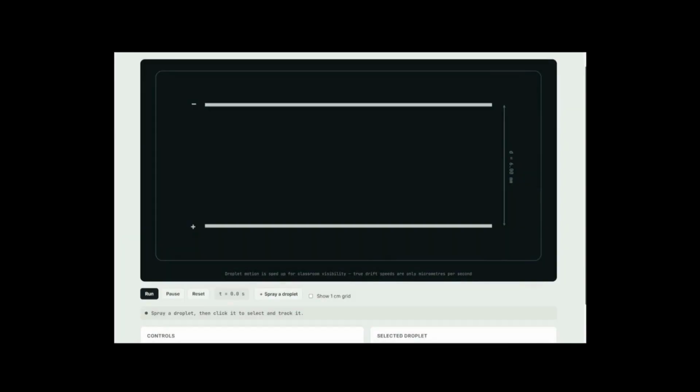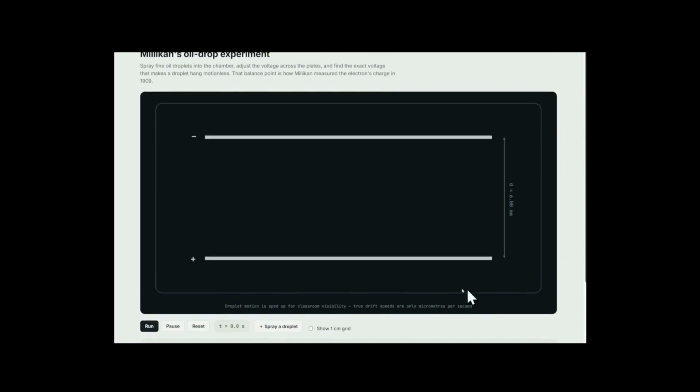The next major experiment is the Millikan experiment. This is an American experiment in 1909. So the setup for this is a vacuum again. Again, this is obviously not to scale. And we have a positively charged plate here at the top, a negatively charged plate at the bottom. And this is as close to a vacuum as they had at the time.